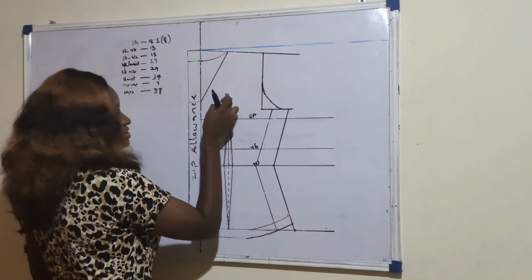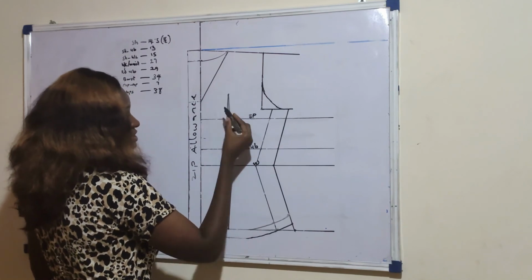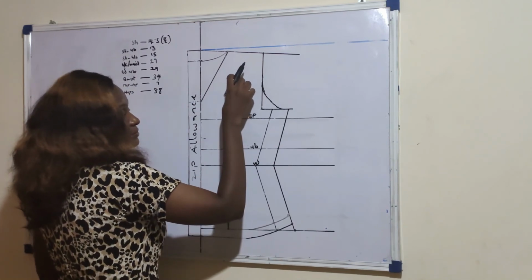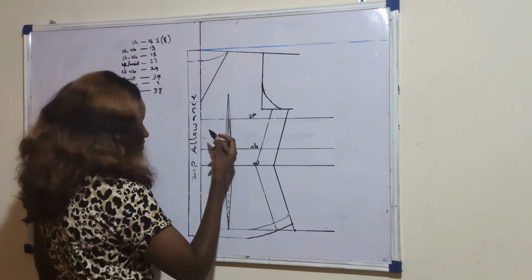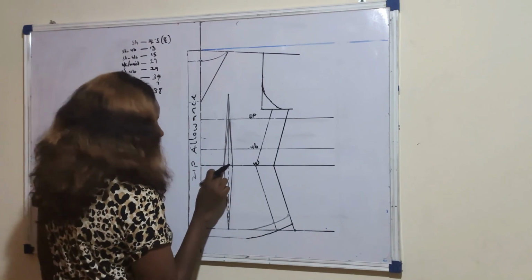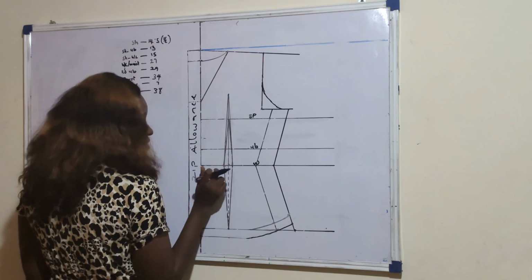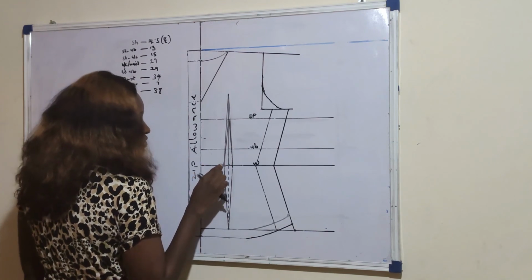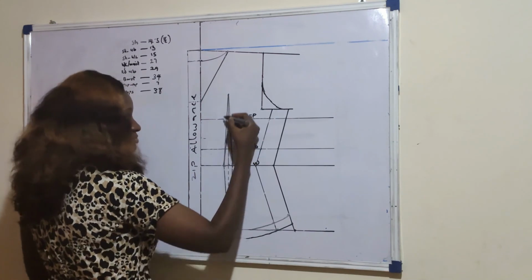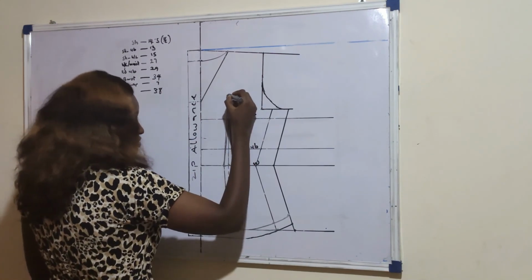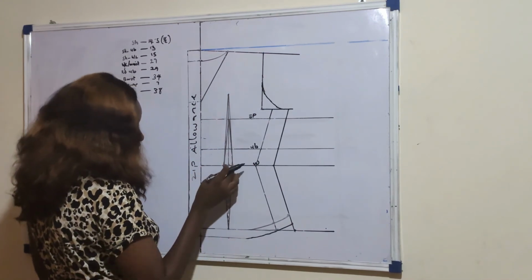This is the extension of the dart for the back bodice, which is 3 inches upwards, and you come to the waist line where you have half an inch apart. You place your rule at that angle, and at that angle you take the measurement. Same thing you do downwards.